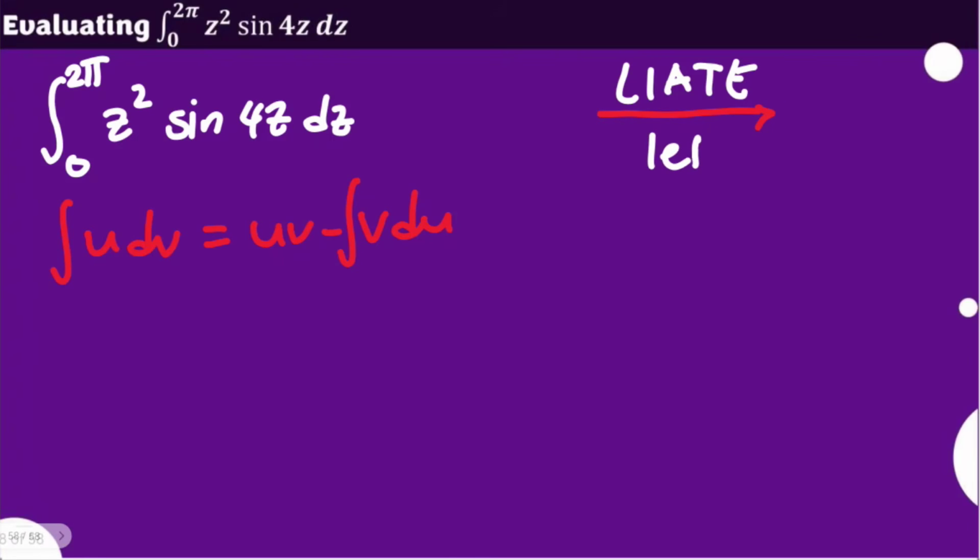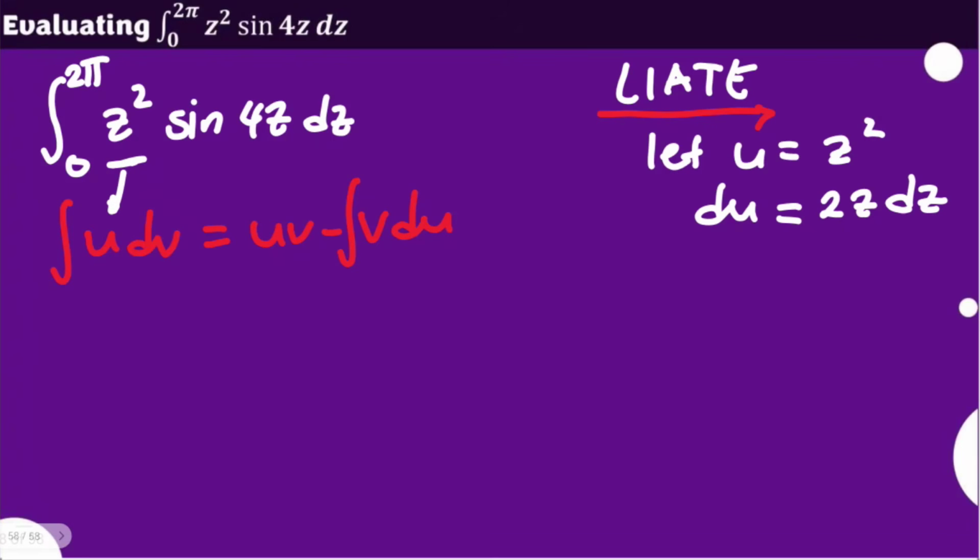Let u be z squared. That would mean your du is equal to 2z dz. If we let this be our u, the entire remaining functions would be our dv. So we have here our dv is sine 4z dz.